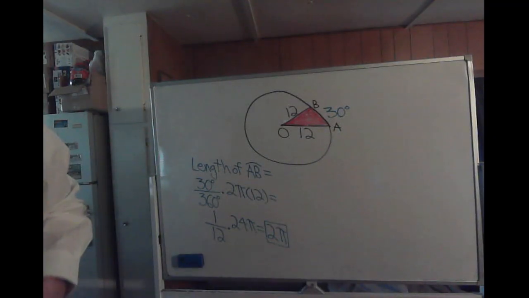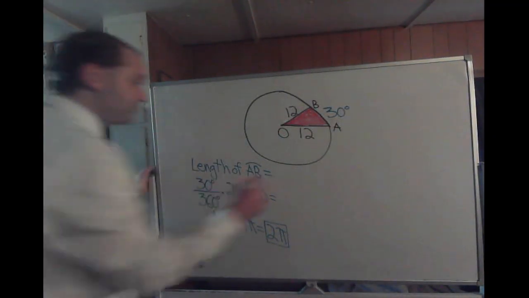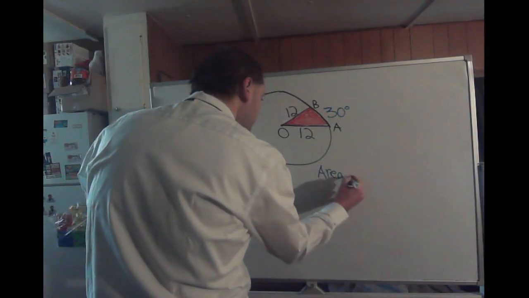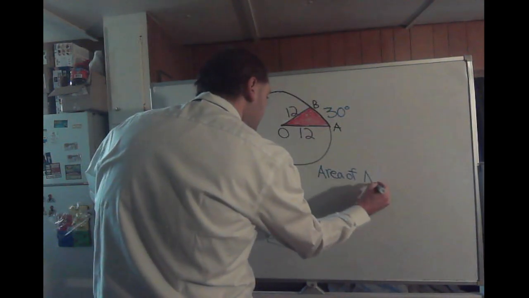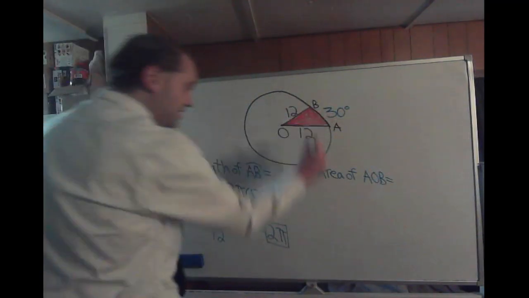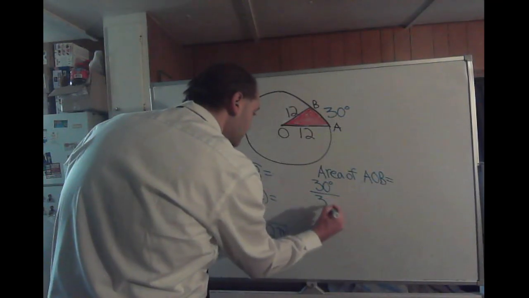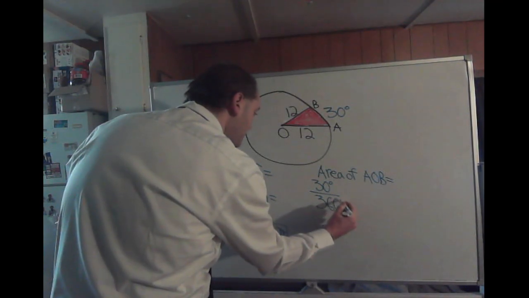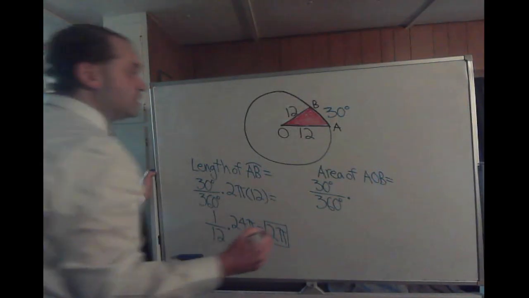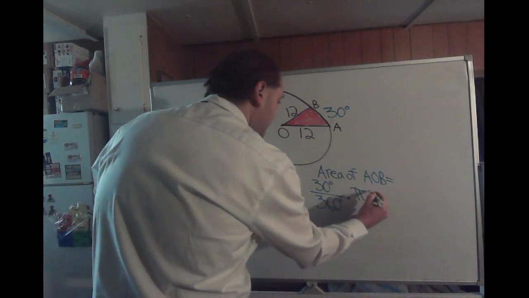Now we of course can go on to find the area of sector AOB. So the area of AOB is equal to, once again, your 30 degrees out of 360 degrees times the formula for the area of a circle, which would be pi r squared.